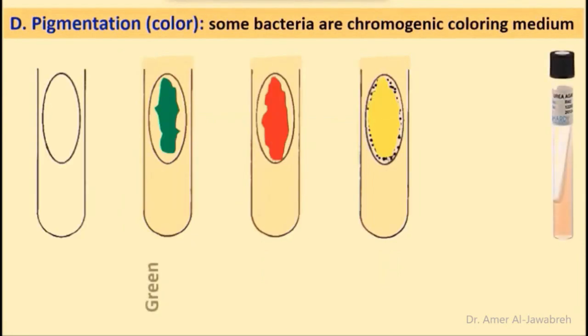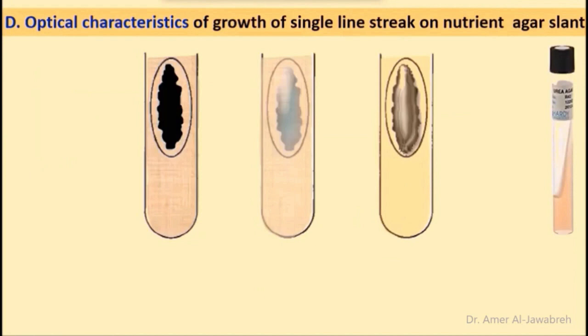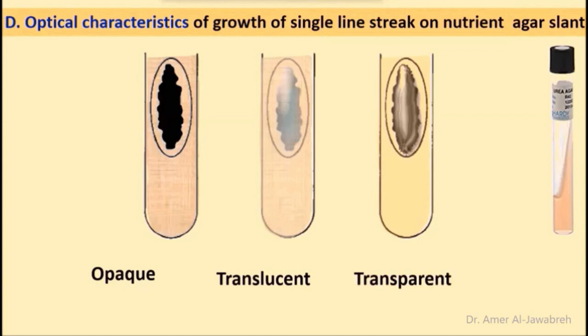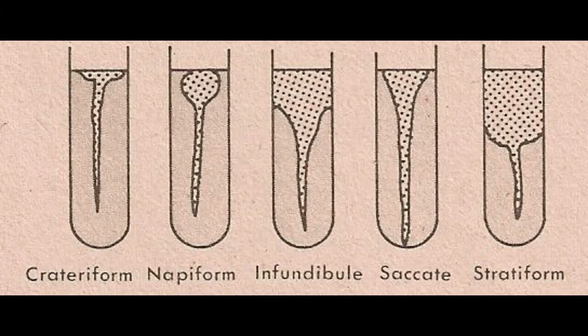The common pigmentations listed are green, red, and yellow. Optical characteristics are either opaque, translucent, or transparent. Liquefaction can also be considered, defined as crateriform, napiform, infundibuliform, saccate, and stratiform.